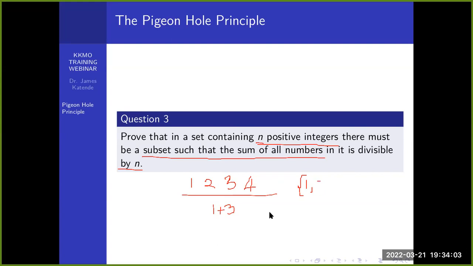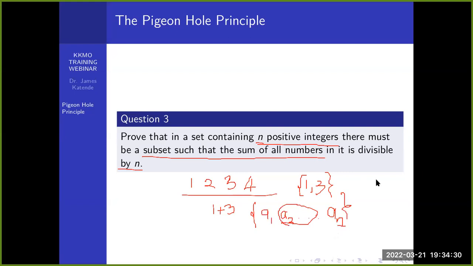So what it says is that if I have any integers a1, a2, all the way up to an, it's possible to find a smaller selection of numbers in here such that their sum is divisible by n.